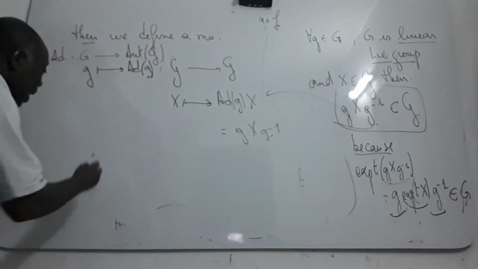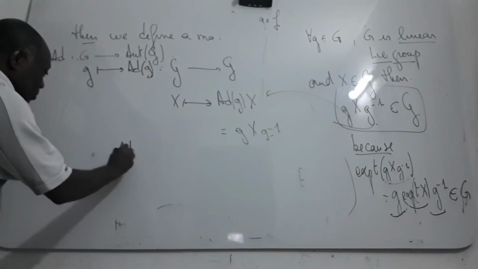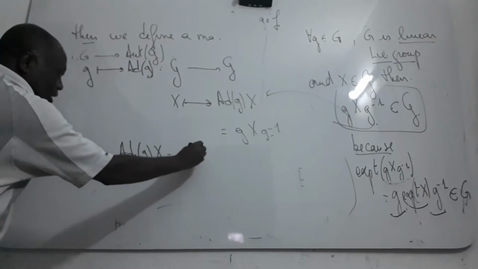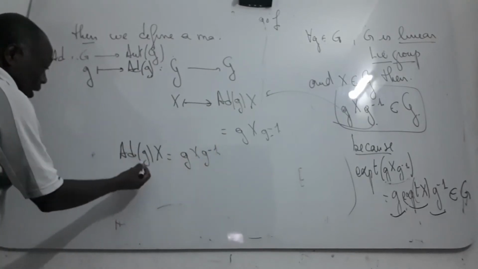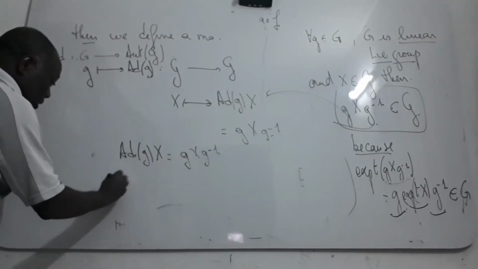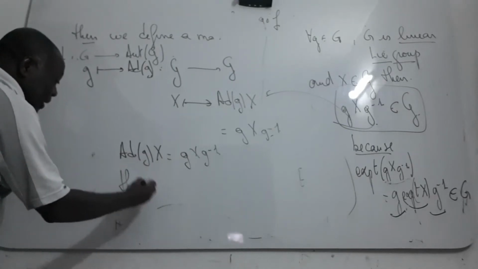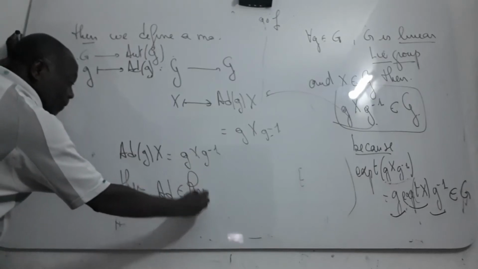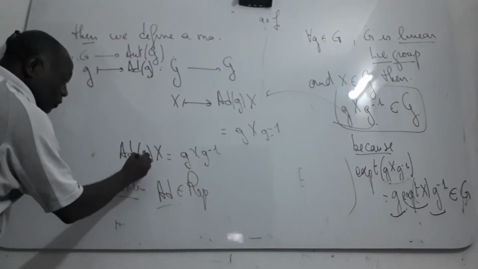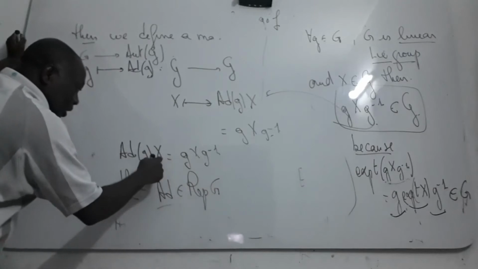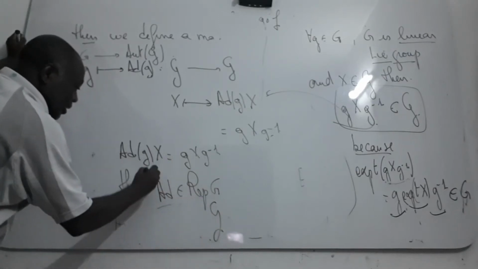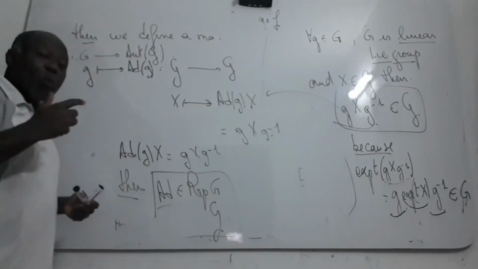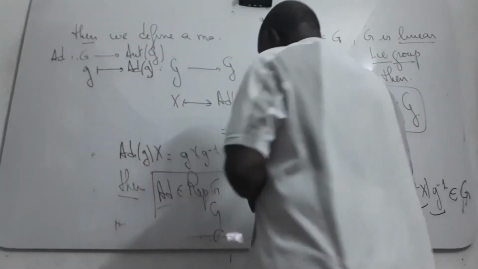So I define a map AD of G, which is G X G minus 1. Then we can also prove easily that AD is also a representation, a representation of the group on the Lie algebra. It's also called the adjoint representation of your group, not the Lie algebra.